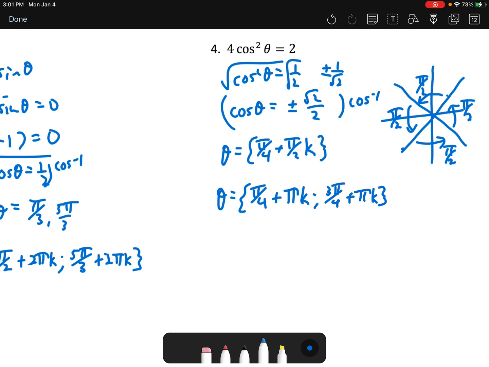It would give me all of the other ones. So either one of these two would work. And yes, you could use 2 pi k, but then you would have to do pi over 4 plus 2 pi k, 3 pi over 4 plus 2 pi k, 5 pi over 4 plus 2 pi k, and 7 pi over 4 plus 2 pi k to get all the answers, where you can trim it down to just that. Every half a pi is an answer.